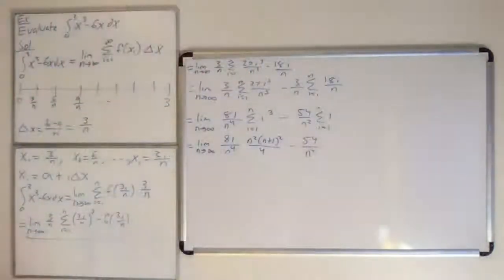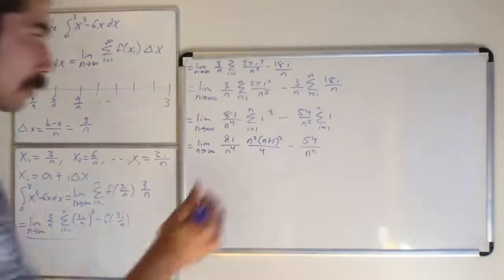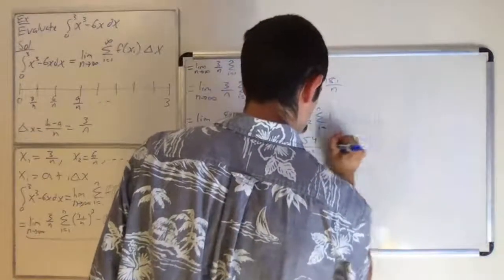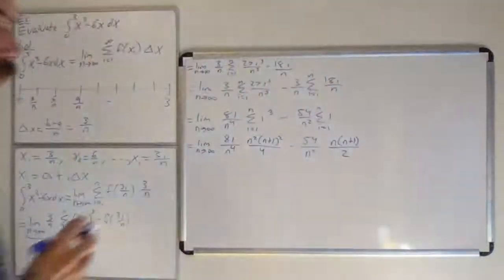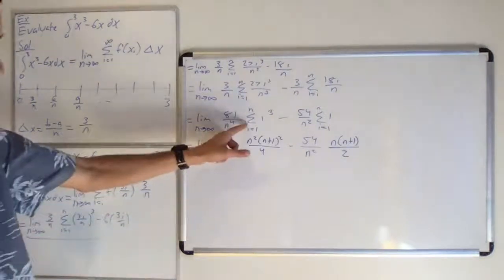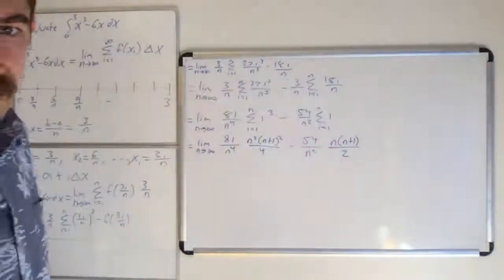And we can replace the sum from i equals 1 to n of i with n times n plus 1 over 2. These are 2 of the identities that we stated at the beginning of class.